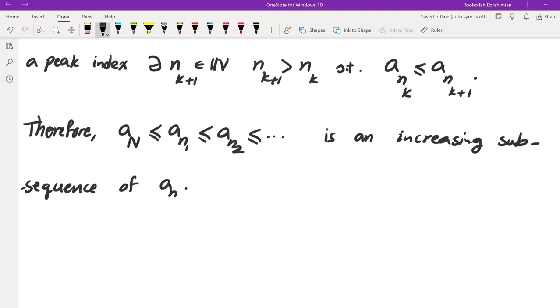So this was the case where there are only finitely many peak indices.